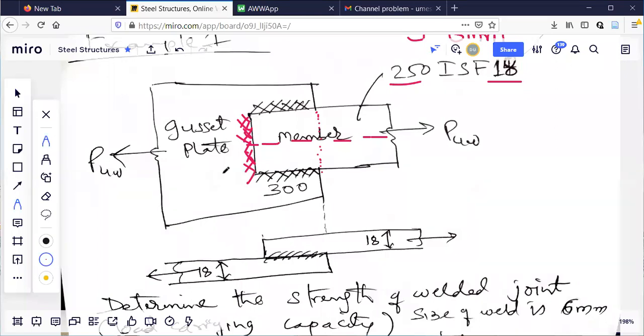Okay, so that is the force line. PWD is the force line. Force is acting along the centroid of the member. This line and centroid of the weld lines should coincide. Centroid of the weld lines will coincide only if the weld is symmetrically arranged.